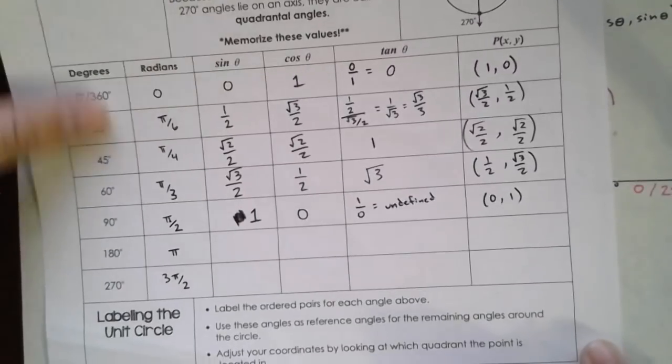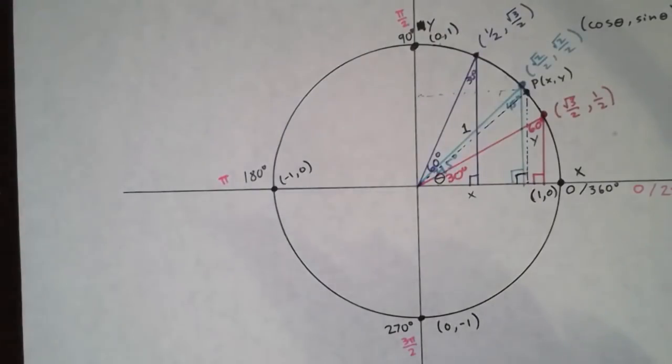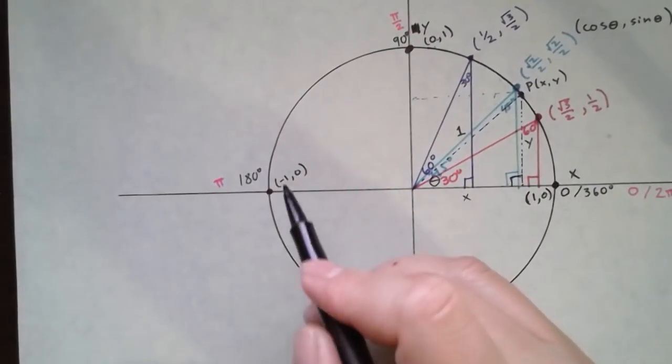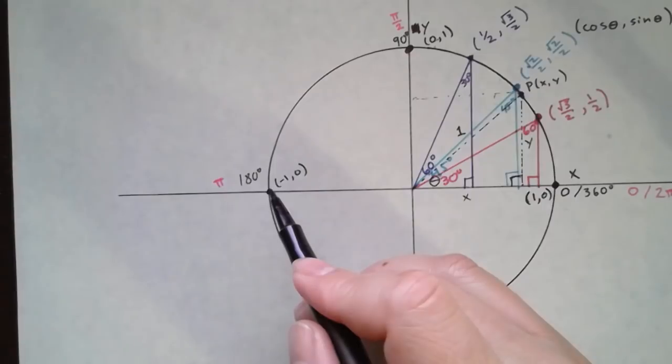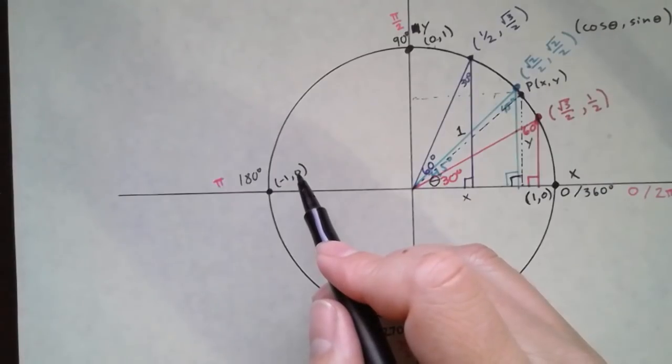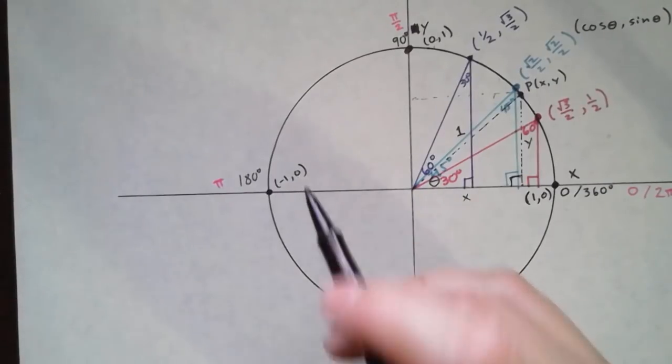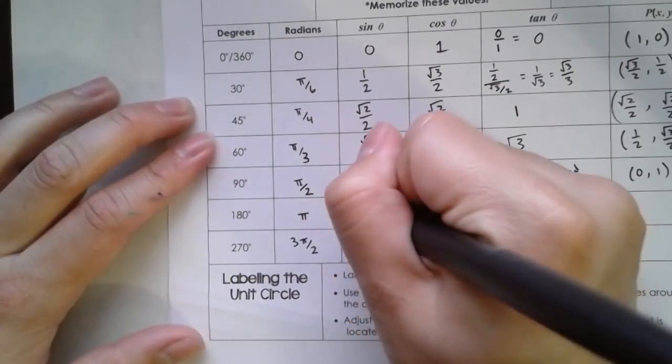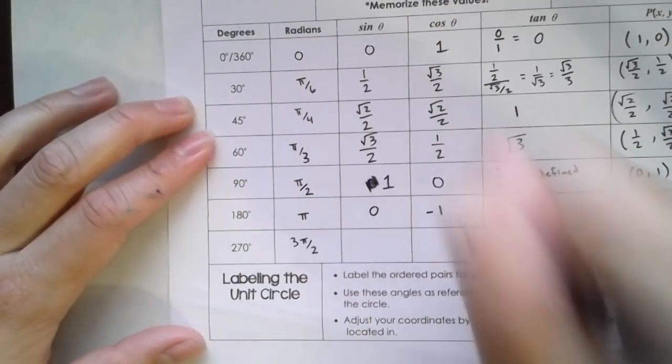Now let's look at 180 degrees. Cosine of 180 degrees, you get negative 1. Sine of 180 degrees, you get 0. So right here, first column is sine, I have 0. Cosine of 180, negative 1.